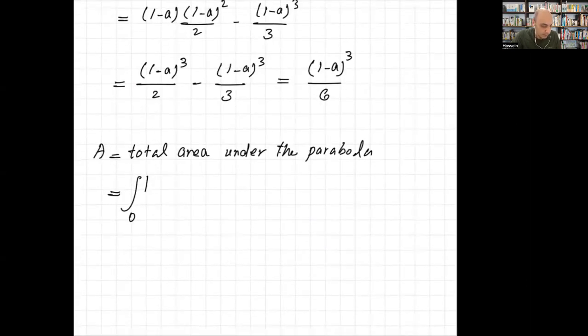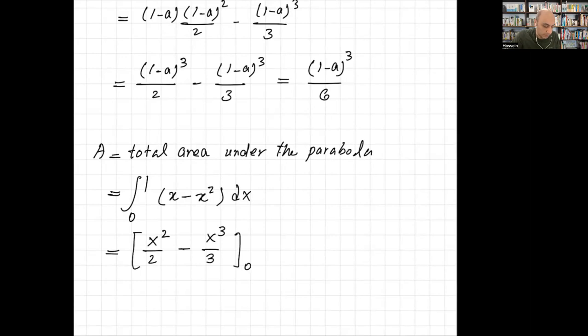And the equation for the parabola is x minus x squared times dx. So if I do the integral, the integral of x is going to be x squared divided by 2 minus the integral of the second term, which is x cubed divided by 3. And then the limits are from 0 to 1.